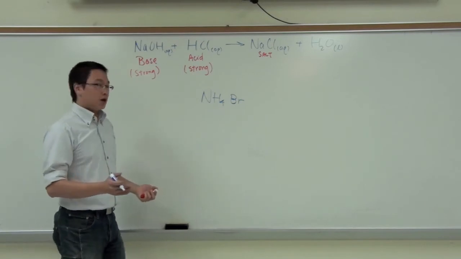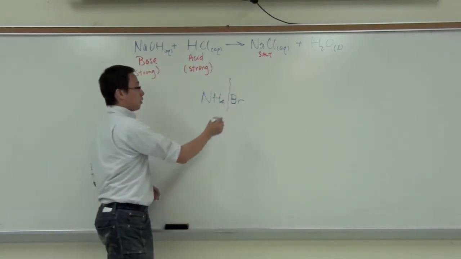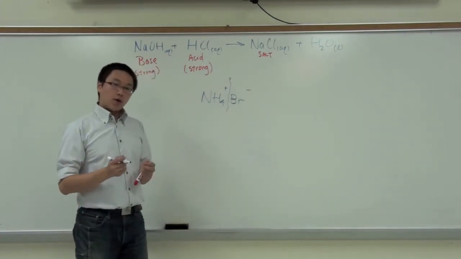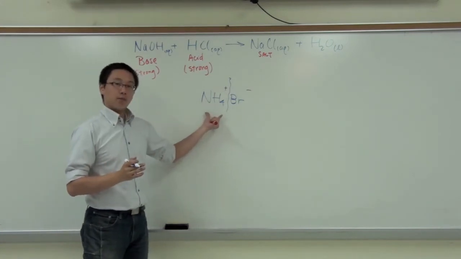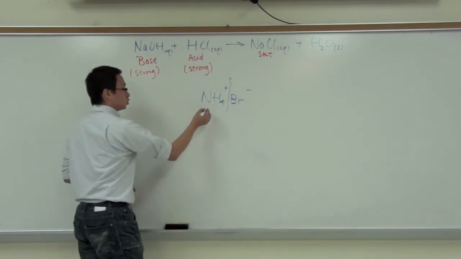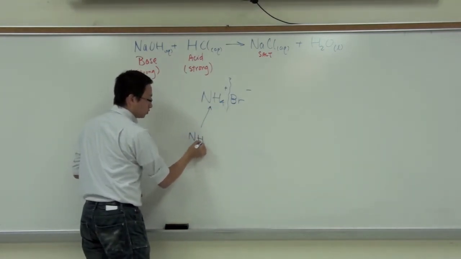First, let's split this in half. So we understand these are the ions. Next, we would like to find out where they came from. What makes these two ions? For NH4+, it is coming from NH3.